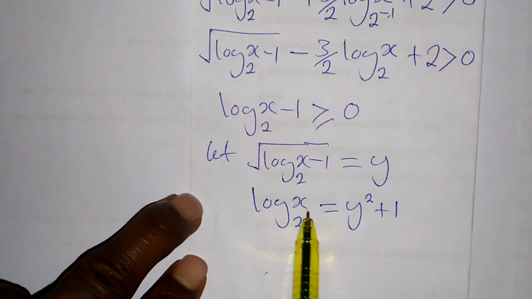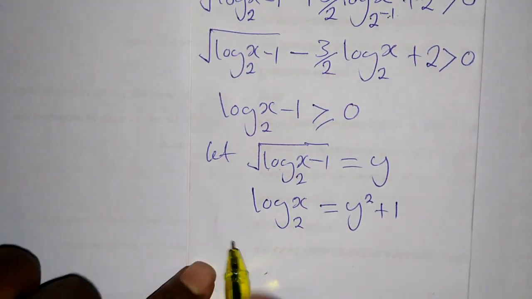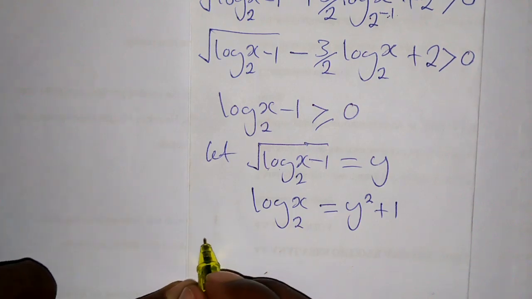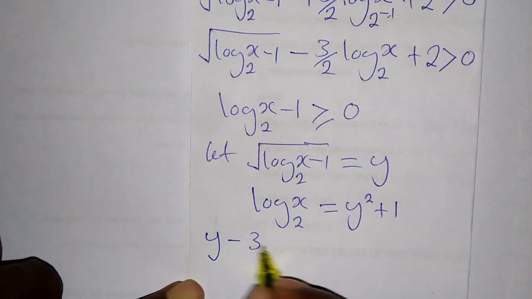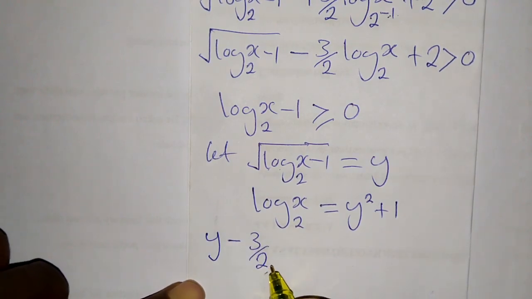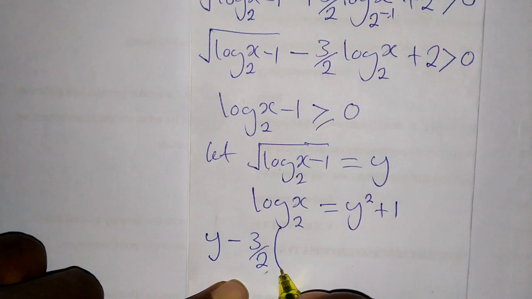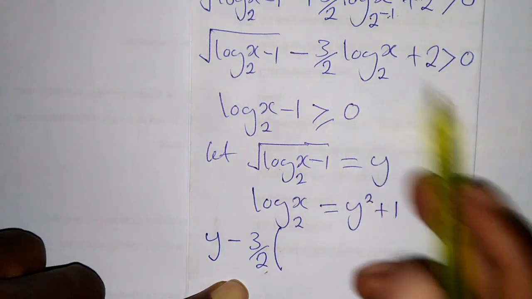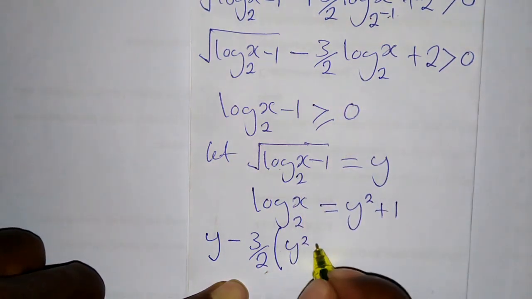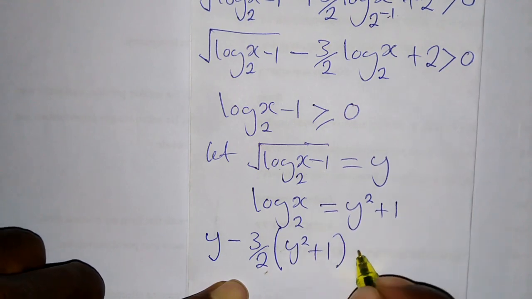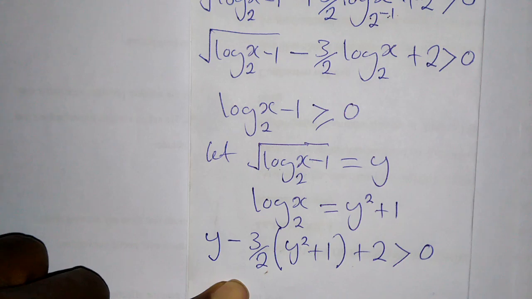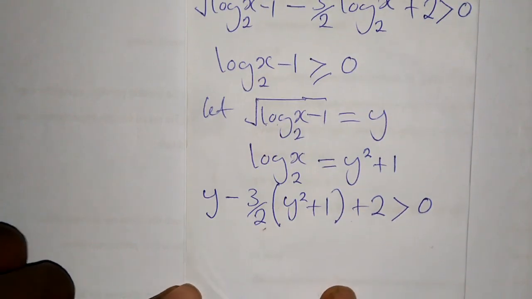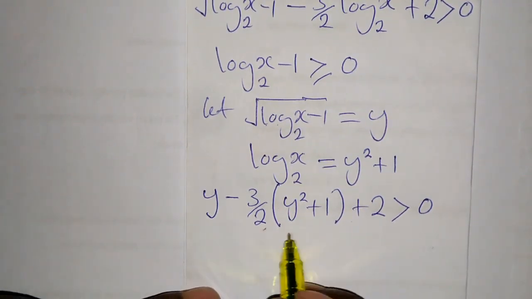Now, then our equation will become y minus 3 divided by 2 into y squared plus 1, plus 2 greater than 0. From here we can expand this bracket.